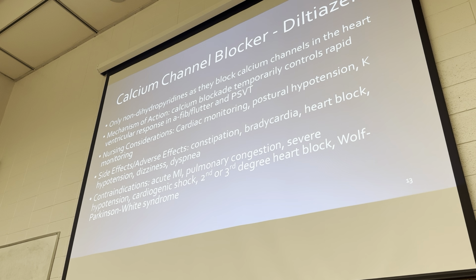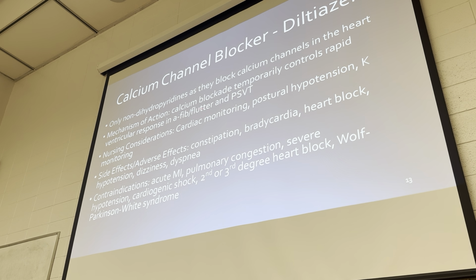Those mostly work on the smooth muscle in the blood vessels to cause that vasodilation. These non-dihydropyridines that we use in cardiac care for the dysrhythmias are going to affect the heart cells as well, okay? So we still have the vasodilation, but we have them working on those calcium channels within the heart cells themselves as well. So a little bit of extra action, okay?